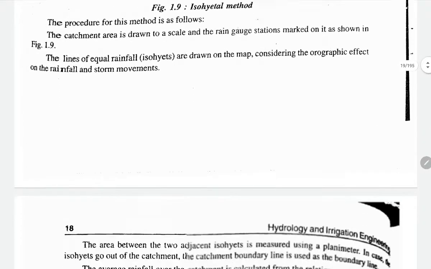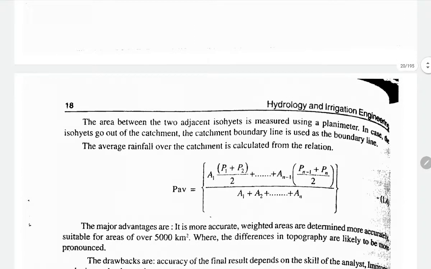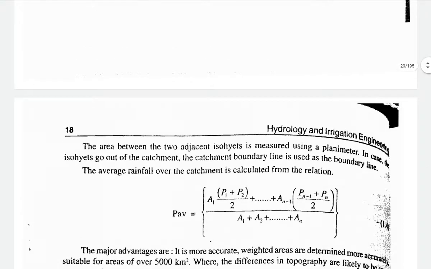The area between the adjacent isohyets is measured using a planimeter. In case isohyets go out of the catchment, the boundary line is used as a boundary itself.